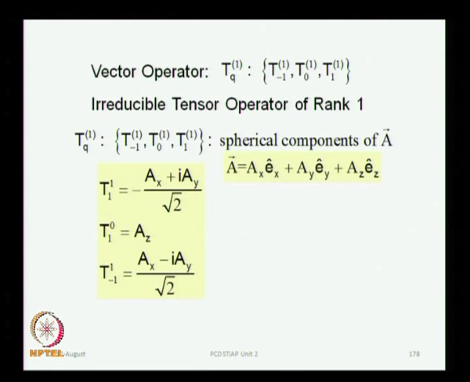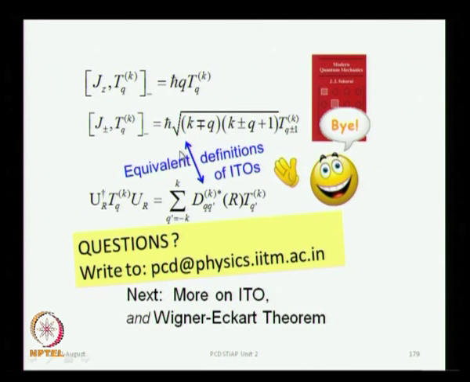So, you write the spherical components of this, the Cartesian components are ax, ay, az, and the irreducible tensor operators are minus 1, 0 and 1. Okay, this is an irreducible tensor operator of rank 1. So, its members will go from minus 1 to plus 1 in steps of 1, and these are the transformations between Cartesian and the spherical components, and we will be using this.